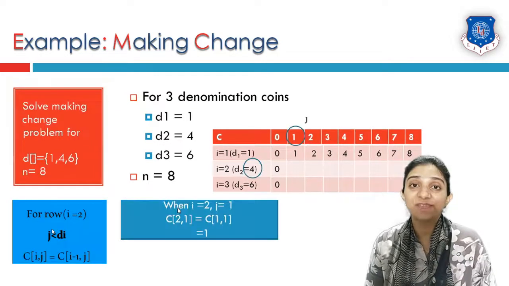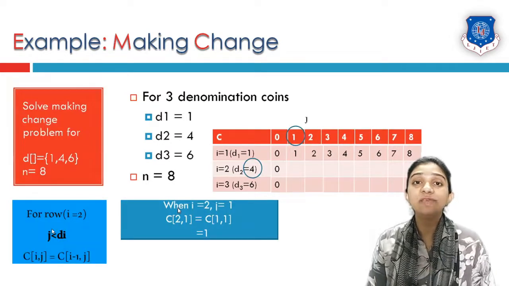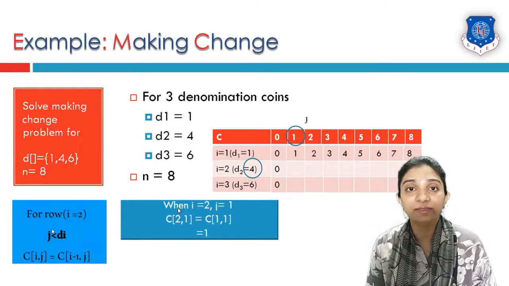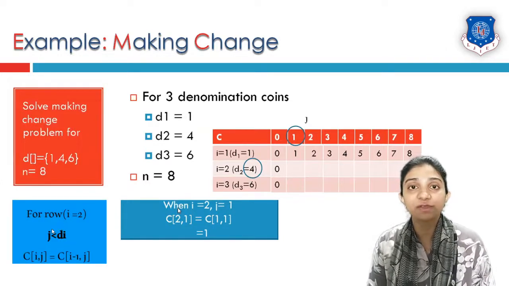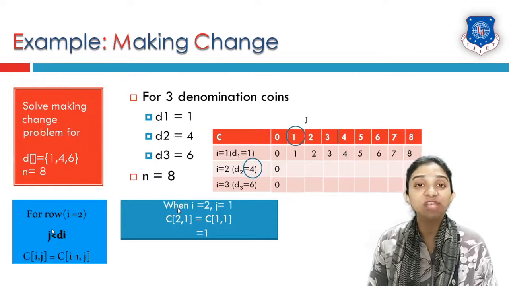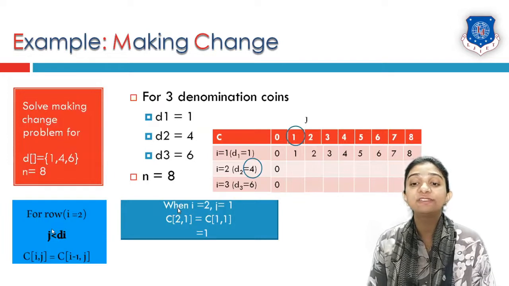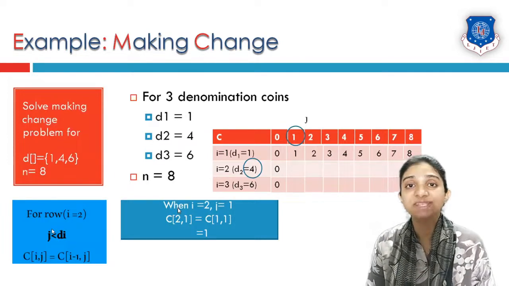Now for the second row. For row 2, we have to first compare the current column value with di, that is 4 in this case. If j is less than di, we have to take cell number I minus 1 comma j.